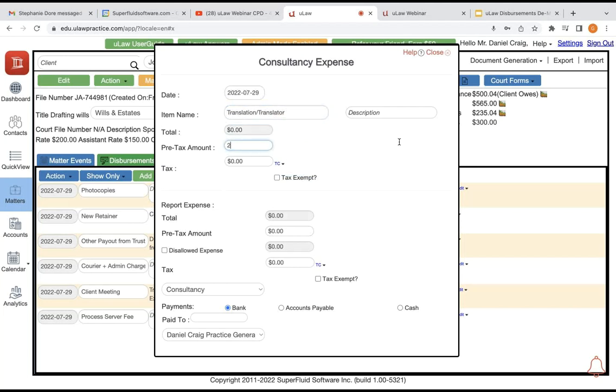And you're charging your client $200 for this work, excluding taxes. However, you are paying the translator only $150 plus taxes. Or it could even be $150 tax exempt.